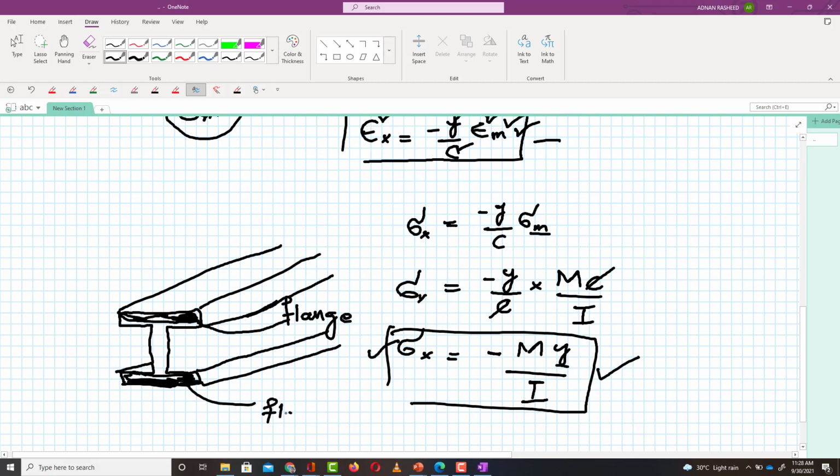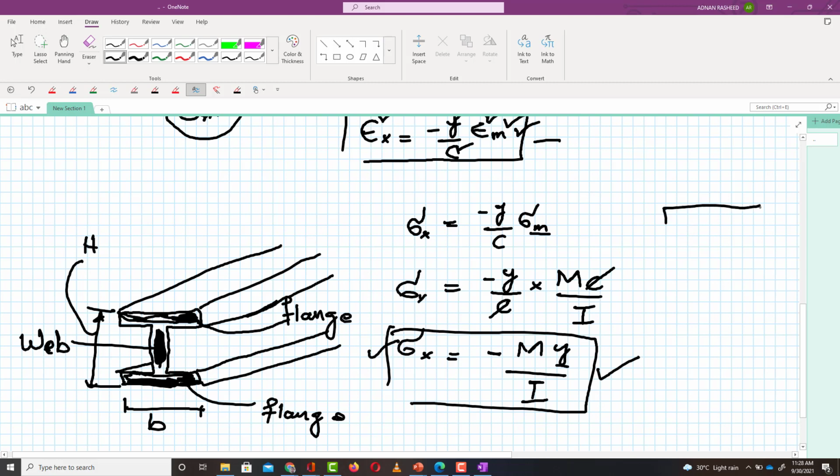Clear? And the middle portion, this thin portion, is known as web. This is the breadth or width of the beam. This is from flange to flange, from top of the flange to the bottom of the flange. This is known as height of the beam.